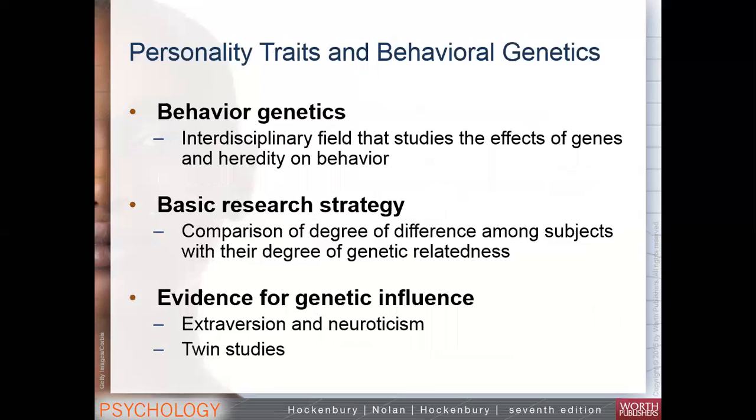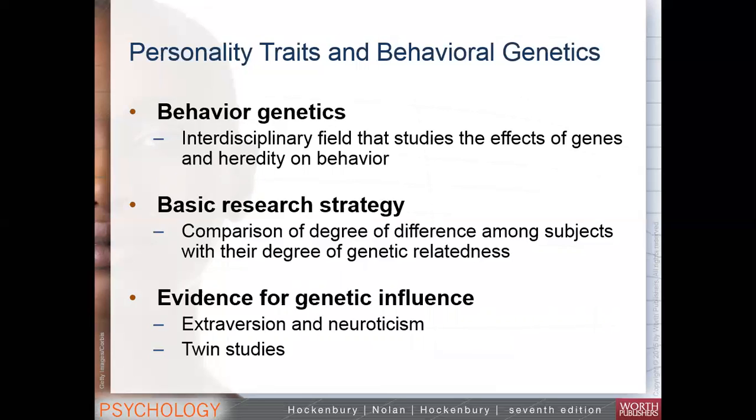And then when we look at these personality traits in general, we see that looking at behavioral genetics gives us this idea of, okay, what personality factors might actually be hereditary. And so we've found that twin studies show that openness to experience, conscientiousness and agreeableness, which are three of the five big factors, are actually influenced by genetics to a lesser extent.